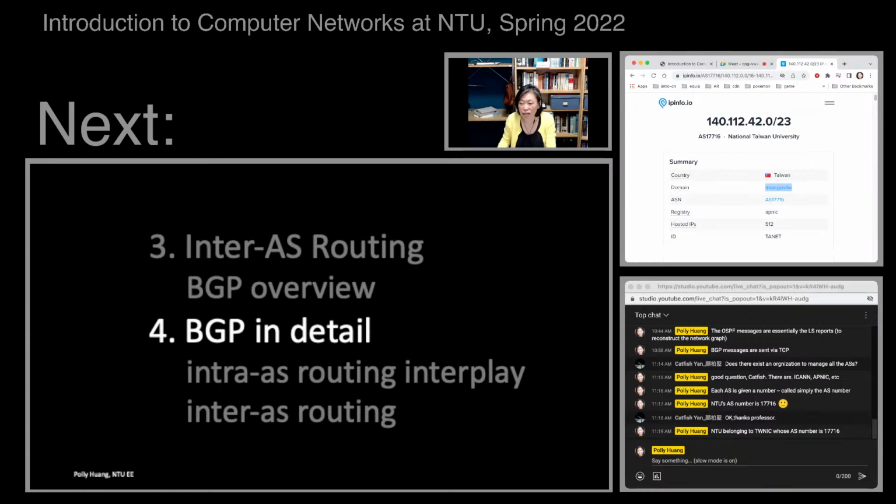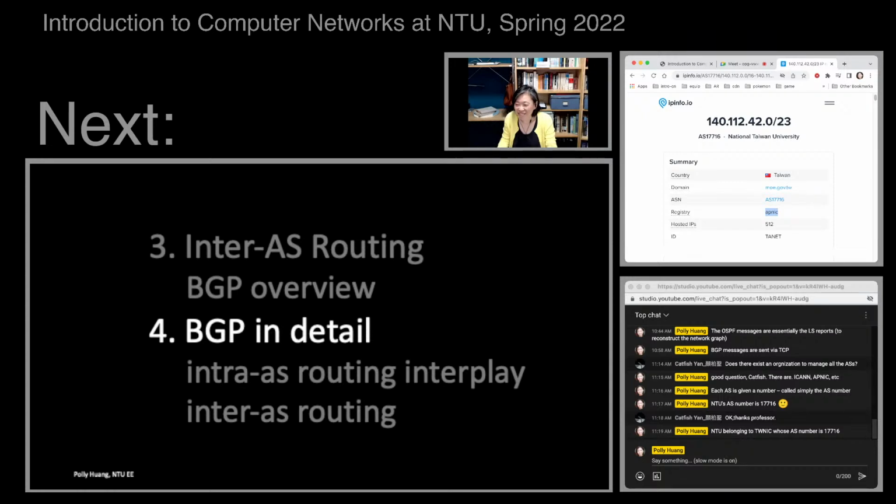So the Ministry of Education has applied for being an AS, and all the university networks in Taiwan, I guess, belong to AS 17716.